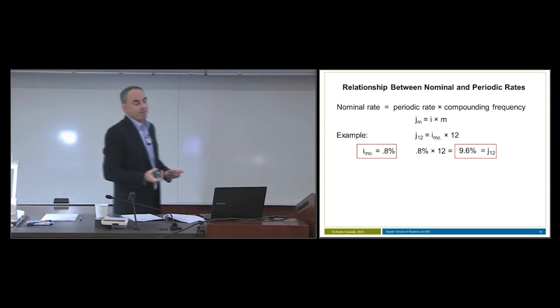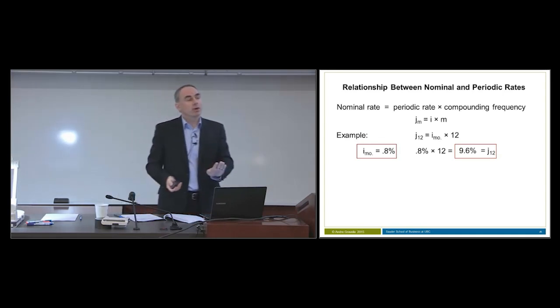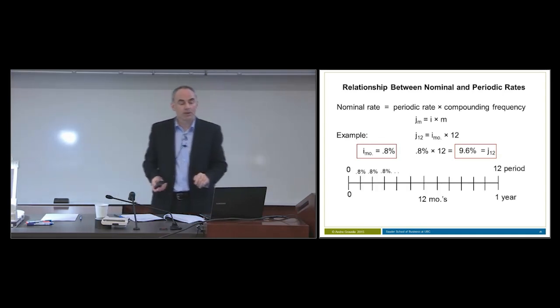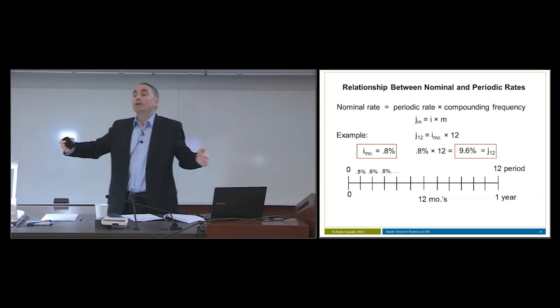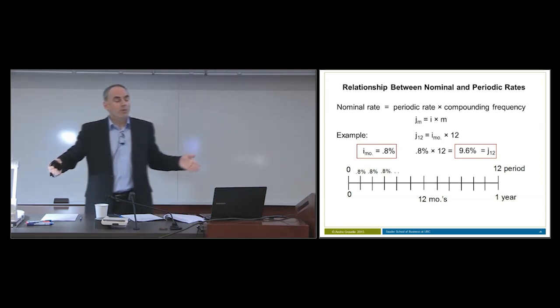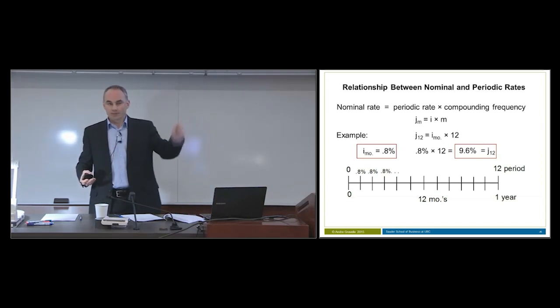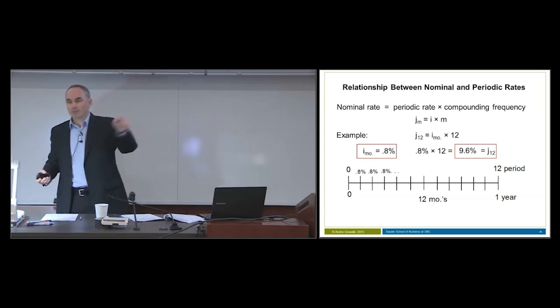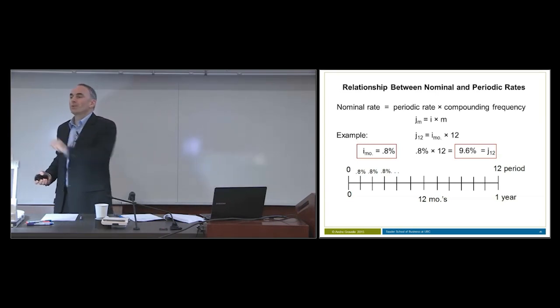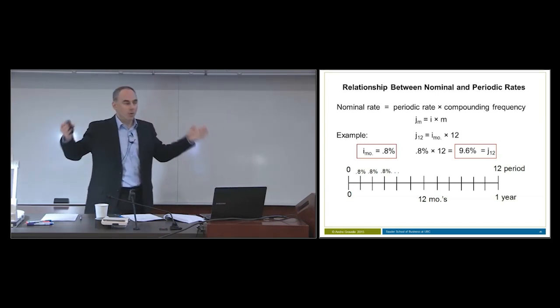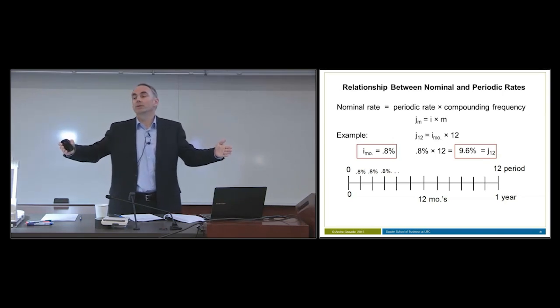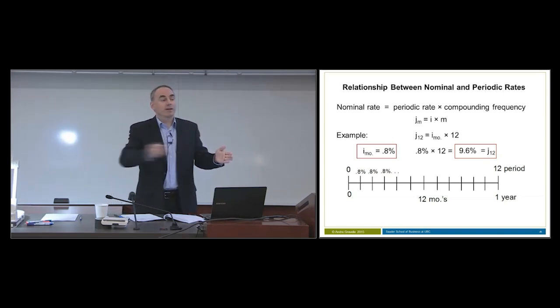If we looked at the same relationship on a timeline, this timeline is 1 year. Well, what we would see is we'd have 0.8% in the first month, 0.8% the second month, 0.8% the third month, and so on, all the way up to 12. So the rate for the whole year, the nominal rate, is simply equal to the periodic rates during that year.